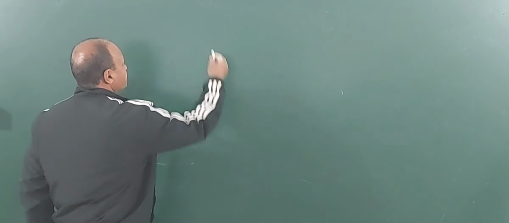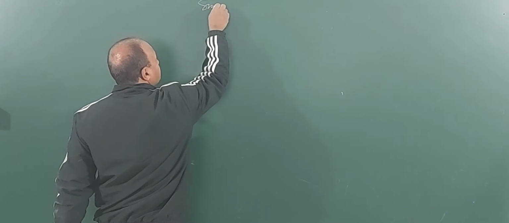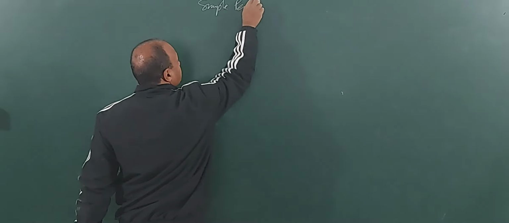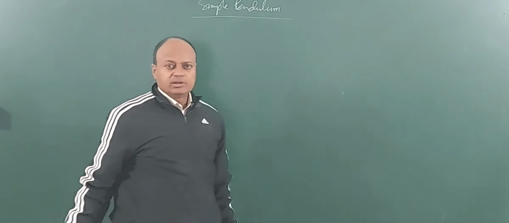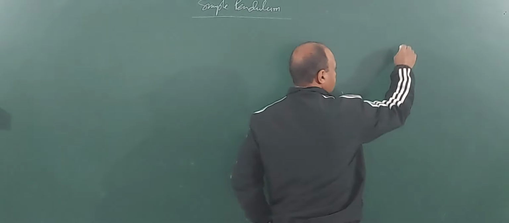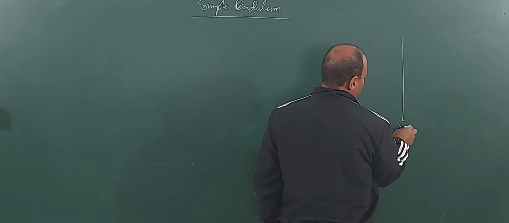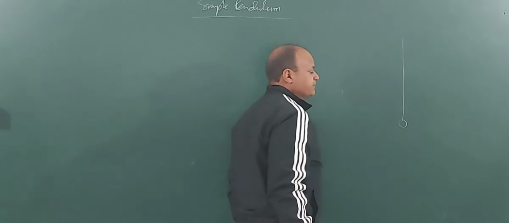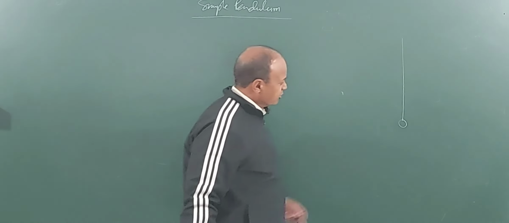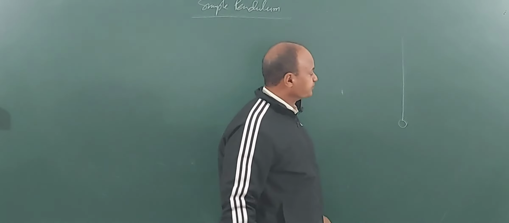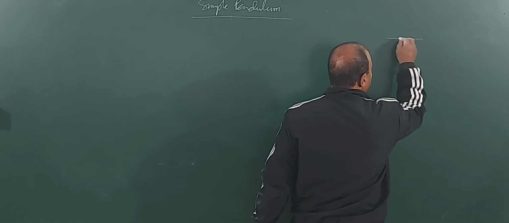Now children, we will be seeing what is a simple pendulum. A simple pendulum consists of a bob, which is a solid sphere or a hollow sphere as well, but it's a compact point mass, suspended with the help of a string.